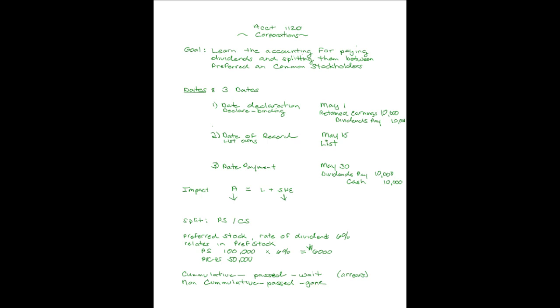If you're a common stockholder, it's not your favorite. I think the best way to go from here is to give you some examples. As always, we need to start with facts. Here are our facts. Our balance sheet shows preferred stock has in it $100,000, and our common stock has in it $500,000.